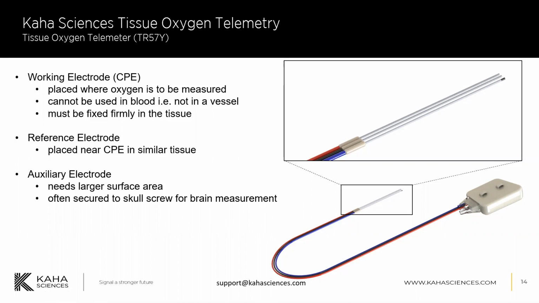The reference electrode is placed nearby in a similar tissue, and then the auxiliary electrode is also placed nearby. That needs to be a slightly larger surface area because that's what's providing the electrons for the whole process. Often that auxiliary electrode, if we're measuring brain tissue oxygen, is secured to a skull screw, and that will also act as part of the electrode.